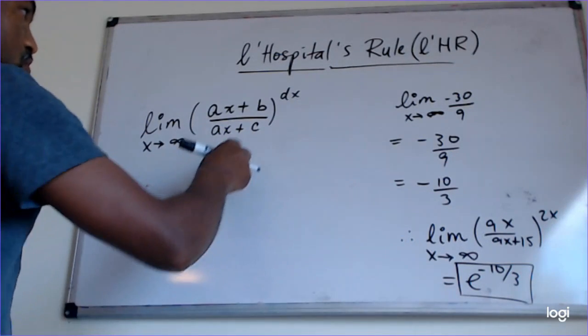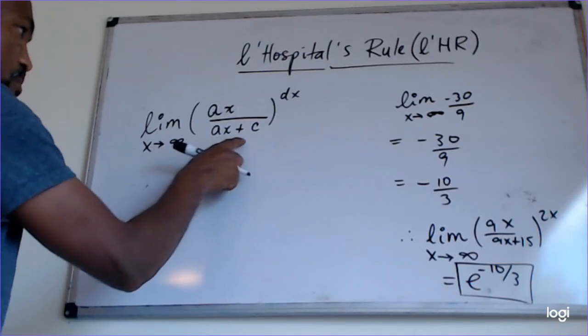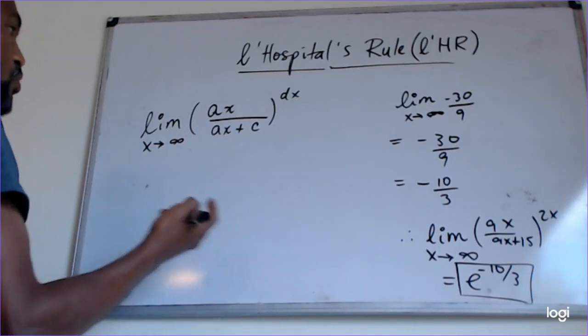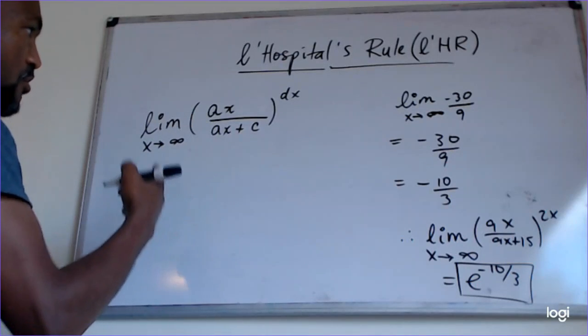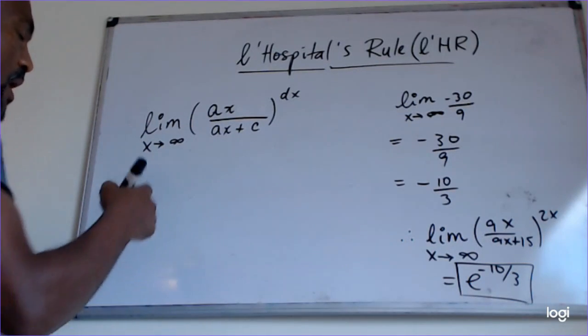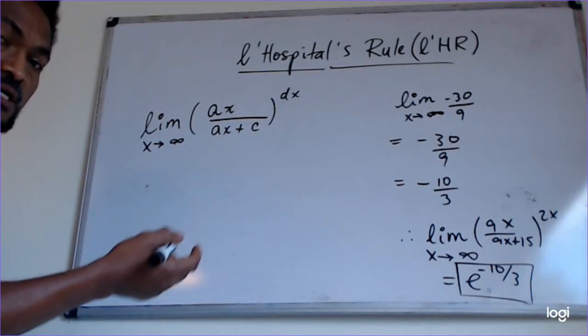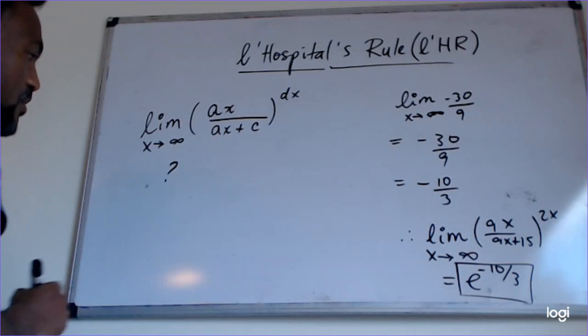Or you could even leave this aside and just do ax over ax plus c to the power of dx. What will the limit be in general? Does it depend only on a and b, on a and d, on a and c? What are the parameters that will determine what this value is going to be?